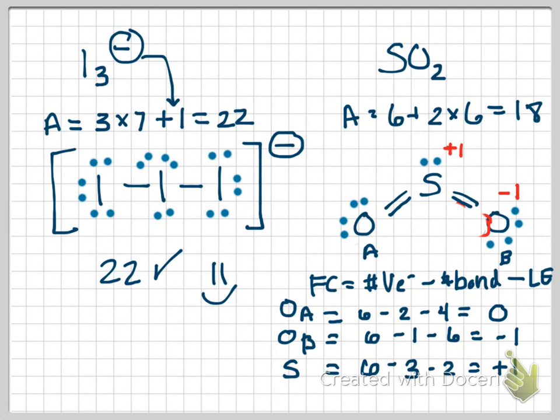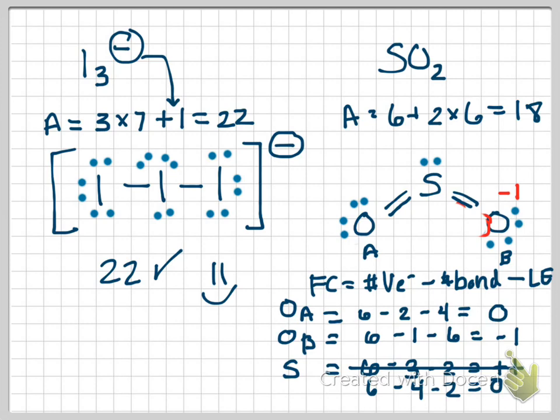And now when I did that, the new formal charge on sulfur is 6 minus 4 minus 2 is now 0.